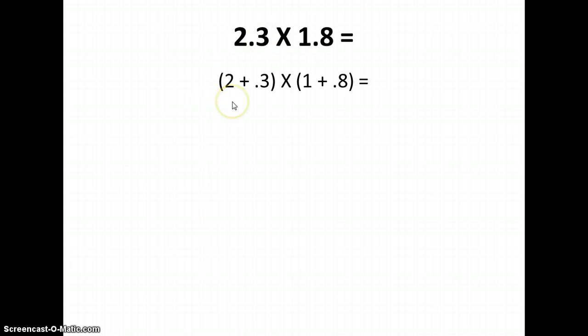So it is 2 plus 3/10 times 1 plus 8/10. So our first rule in FOIL is first numbers. So 2 times 1 plus outer, 2 times 8/10.